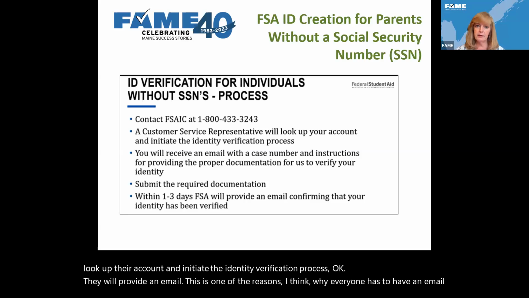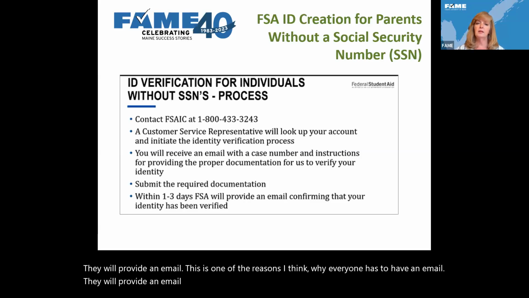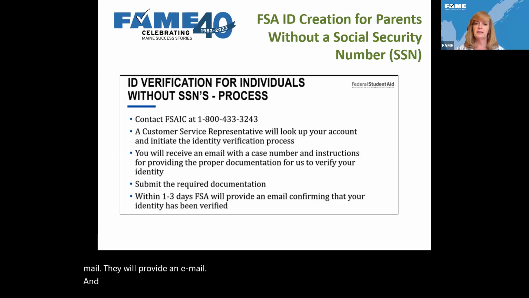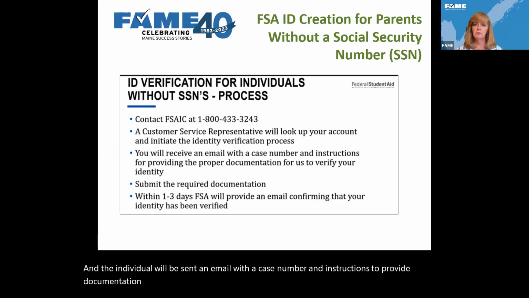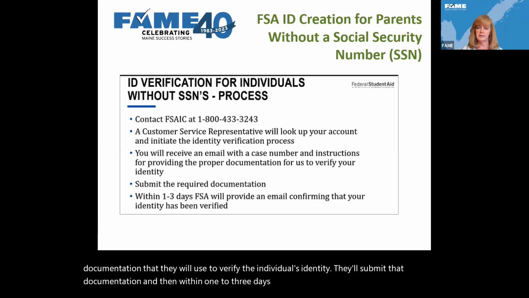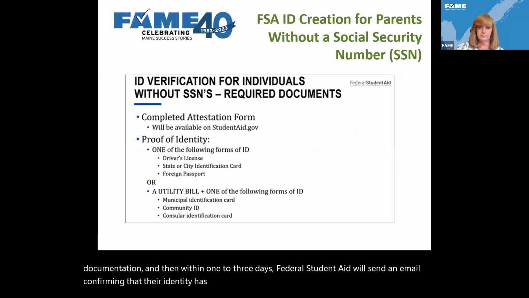The individual will be sent an email with a case number and instructions to provide documentation that they will use to verify their identity. They'll submit that documentation, and then within 1 to 3 days, federal student aid will send an email confirming that their identity has been verified.